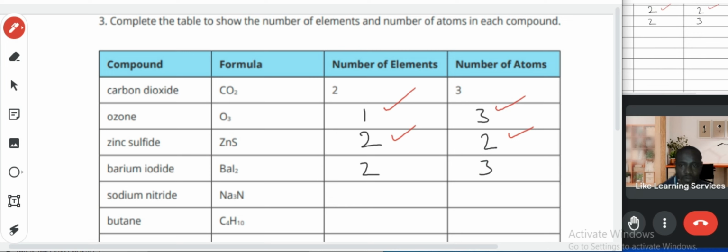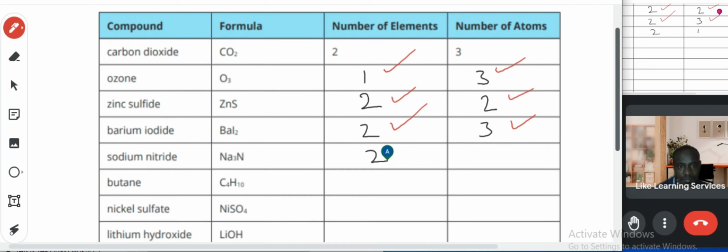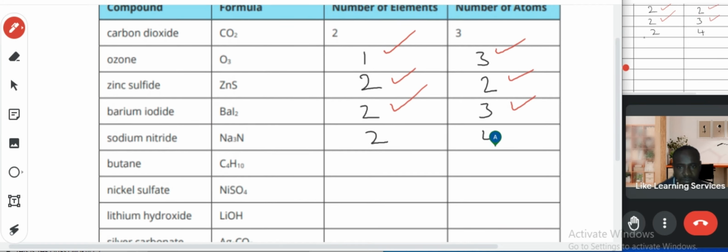Okay, for barium iodide, you have barium and iodine, which is 2 elements and 3 atoms. That's correct. Two elements, sodium and nitrogen.